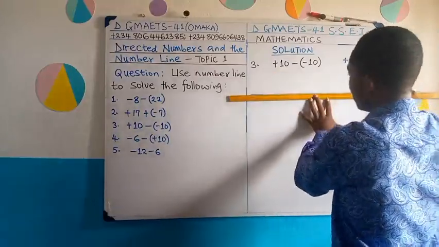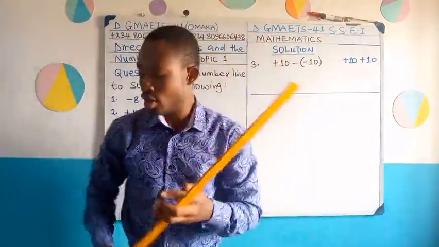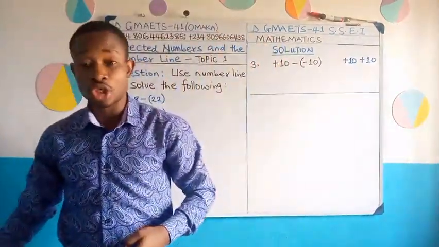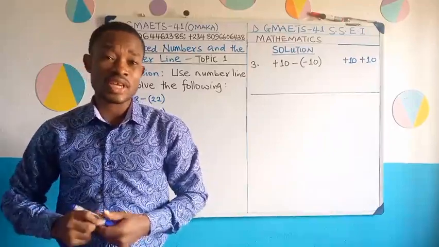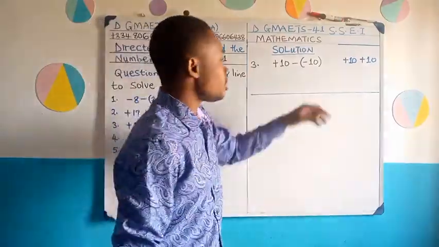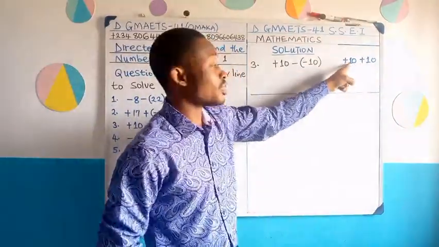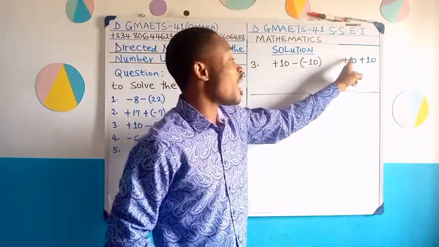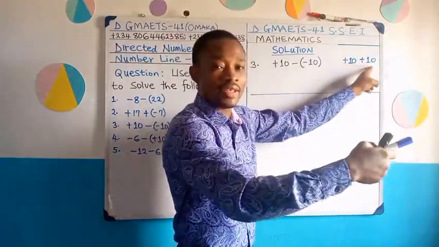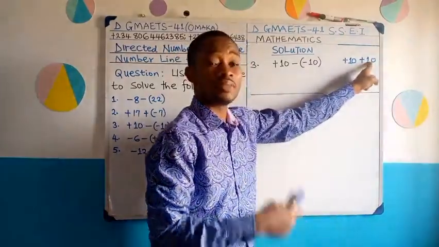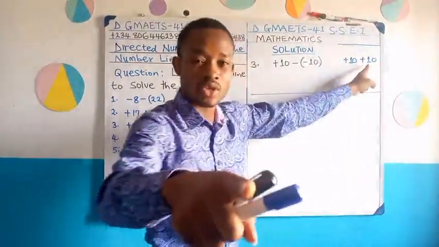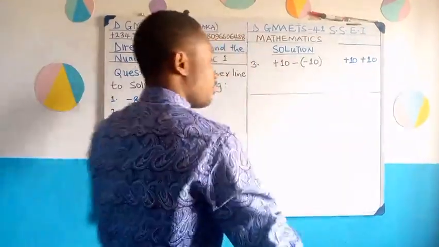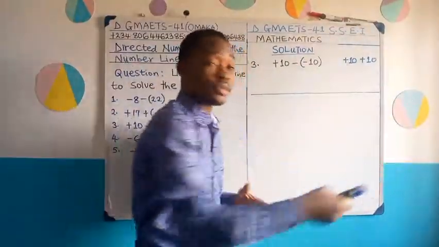On the number line, I will now show the numbers that I'm interested in. Now, I need plus 10. This will be our starting point. And then you have plus 10 again. So this is telling you you're going to move how many times? 10 times. Question, is it 10 times to the left or 10 times to the right? What do you say?